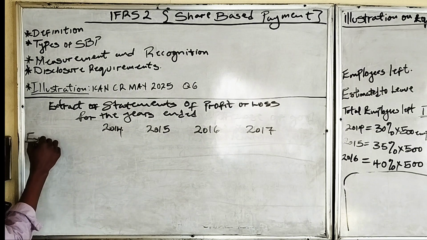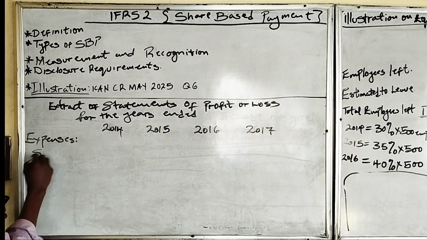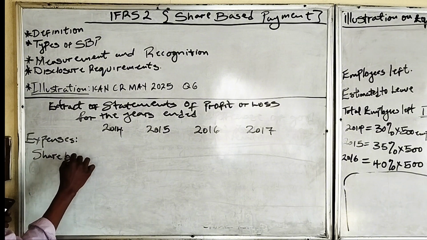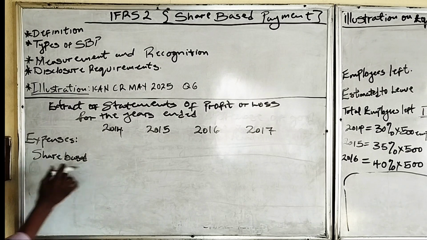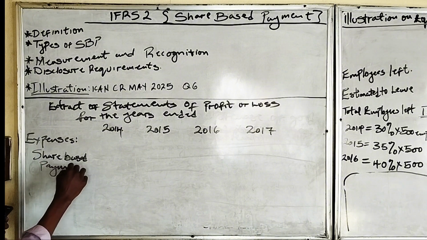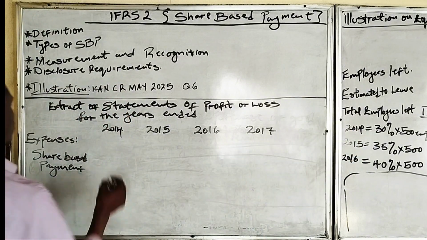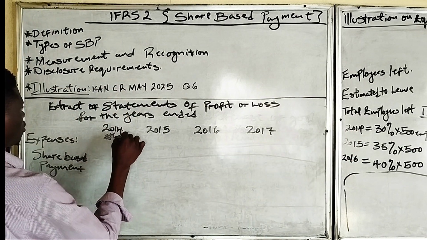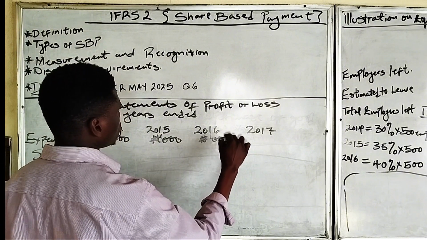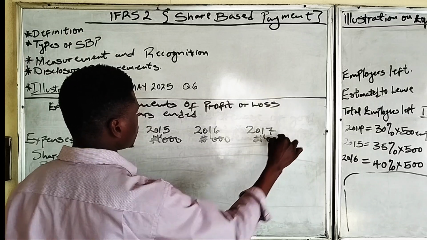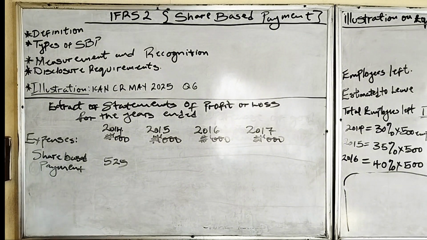Don't forget that these things are expenses, which is under share-based payments. So in 2014 now, we have 525,000. That'll be the expense for 2014.